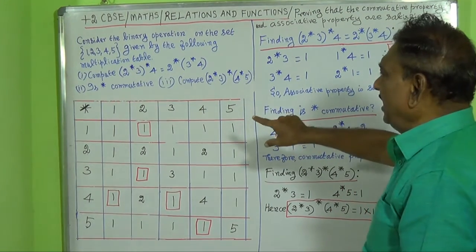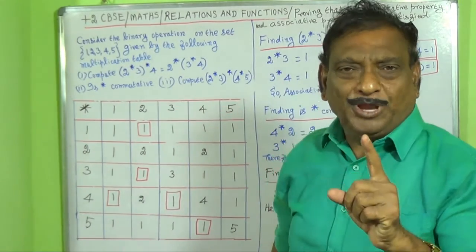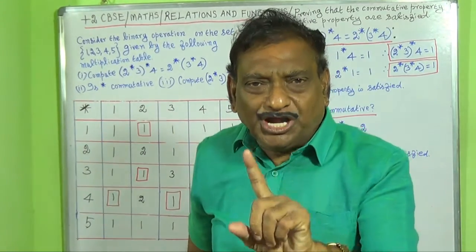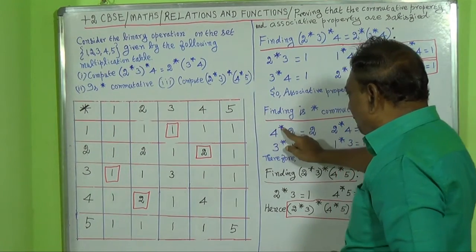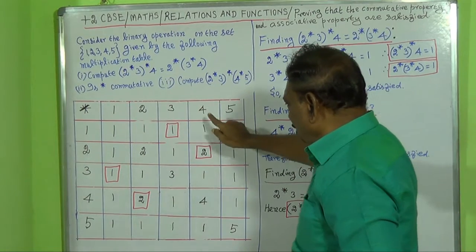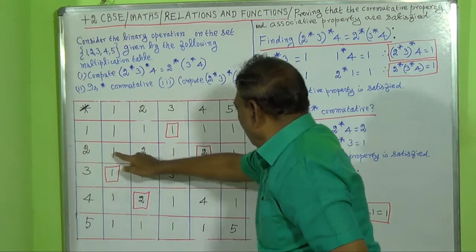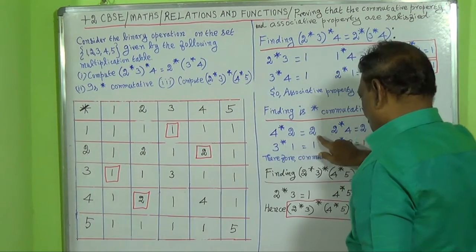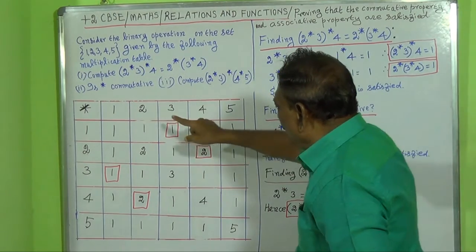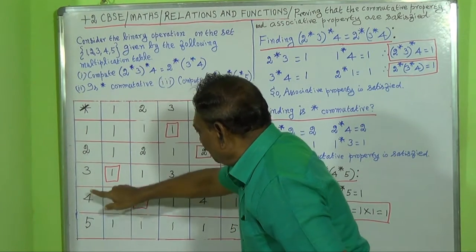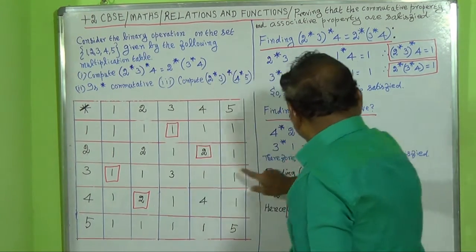Then, coming to the second question: is the binary operation given commutative or not? If 4 is operated with 2, we get the result 2. Then when 2 is operated with 4, the result in this case is also 2.